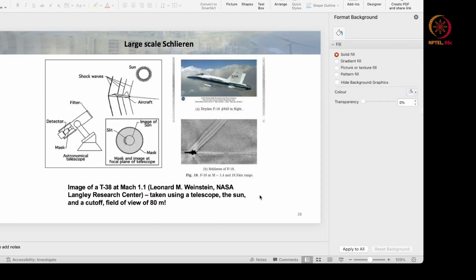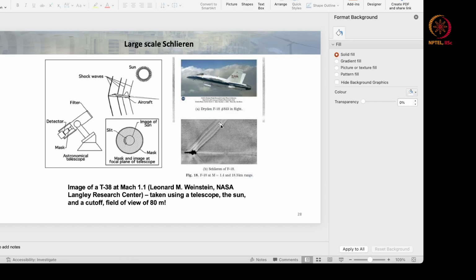That's almost like the distance that Usain Bolt runs, 100 meters, fractionally below it. And you can see the shock structures on this aircraft.